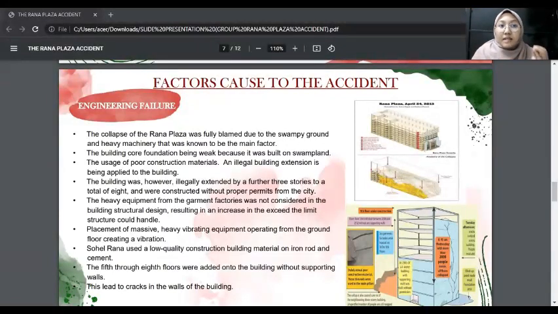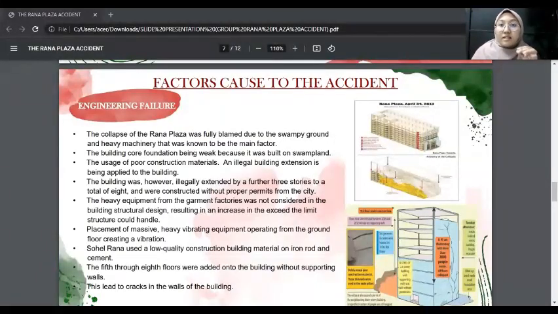Therefore, he committed an immoral act by adding an illegal extension of 3 floors, which were built without any permit.